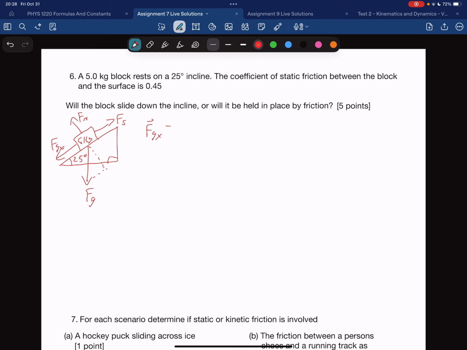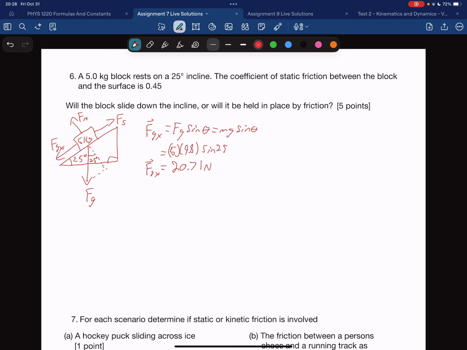I know that FGX is going to be equal to FG sine theta, because the angles here are equal, and that's going to be mg sine theta, which gives us 5 times 9.8 times the sine of 25, and that gives us about 20.71 newtons.